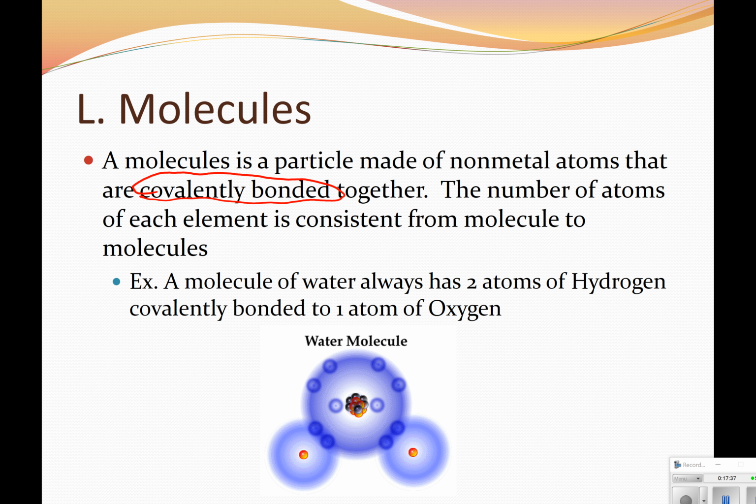This is why water always has a ratio of 2 hydrogen to 1 oxygen. That's why we get H2O, a 2-to-1 ratio. And every water molecule is going to have that ratio. And again, those hydrogens are covalently bonded to the oxygen, which means this entire molecule is one piece. The orbitals here that contain these bonded electrons are essentially one part of the molecule now.